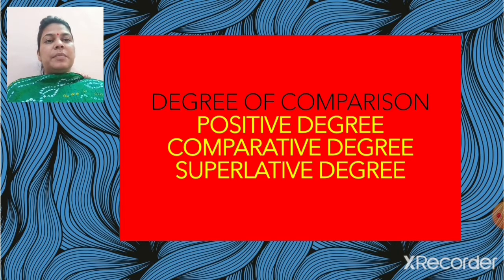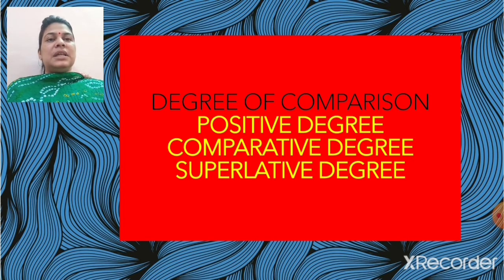When we are comparing two persons or two things, we have comparative degree. Comparison can only be done between two things. When we compare more than two things or persons, etc., we use the superlative degree.